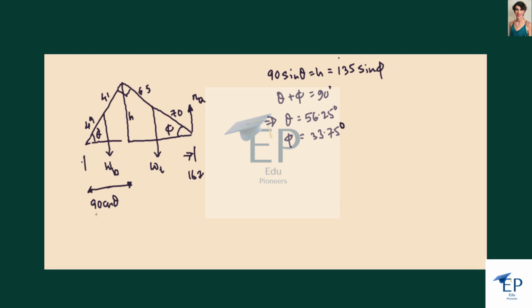So this then comes out to be 90 cosine theta equals 27.2 centimeter.